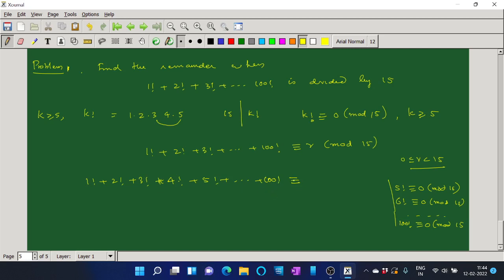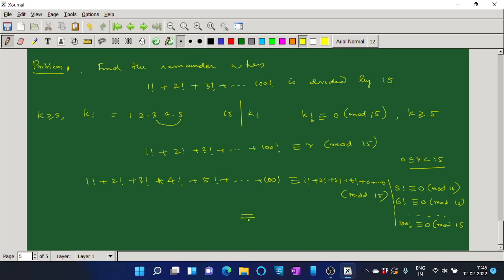And therefore, this is congruent to 1 factorial plus 2 factorial plus 3 factorial plus 4 factorial, but the terms after that are all congruent to 0 mod 15. From these terms onwards, 5 factorial plus etc. plus 100 factorial are congruent to 0 mod 15.